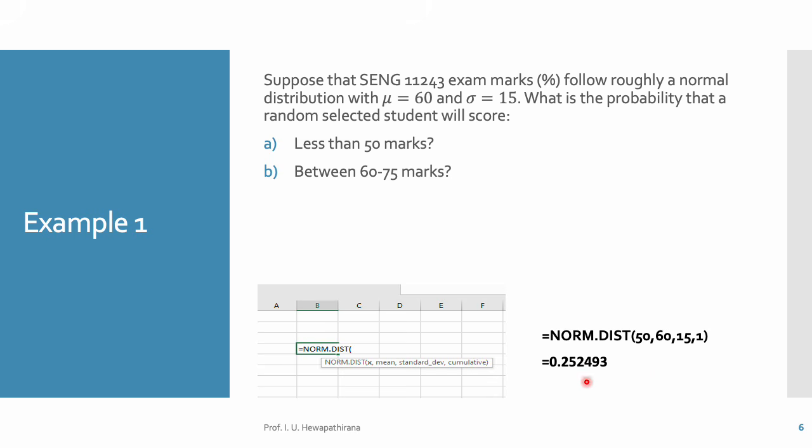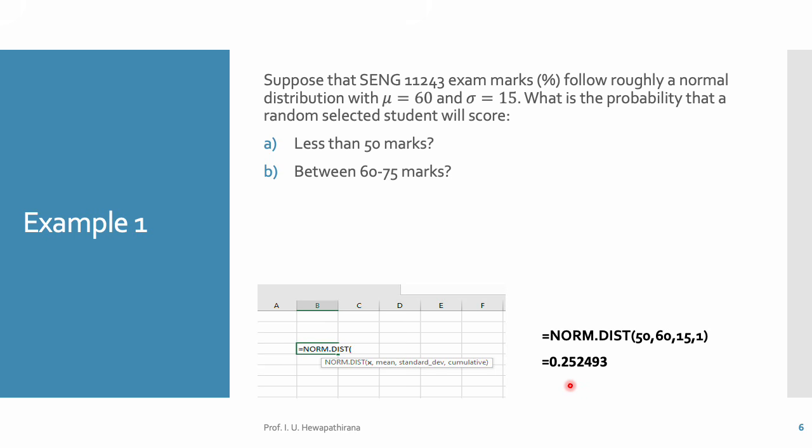So in our case, we want X equals 50, mean equals 60, standard deviation is 15, and yes, we want to calculate the probability X less than 50, so cumulative yes. So the probability that a given student will score less than 50 marks is 0.25.